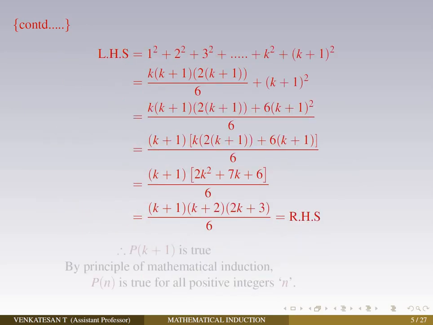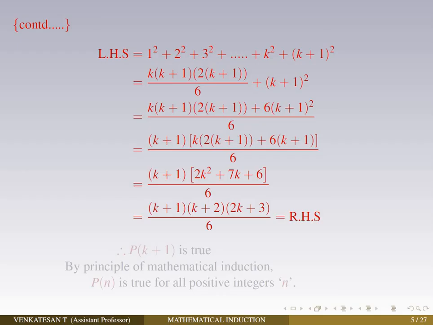Now consider the left hand side. My left hand side is 1 square plus 2 square plus 3 square plus etc. up to k square plus k plus 1 whole square. But in inductive hypothesis, I assumed that 1 square etc. up to k square was k into k plus 1 into 2k plus 1 divided by 6. So replace first k values with k into k plus 1 into 2k plus 1 divided by 6 plus, don't disturb the last term, my last term will be k plus 1 whole square.